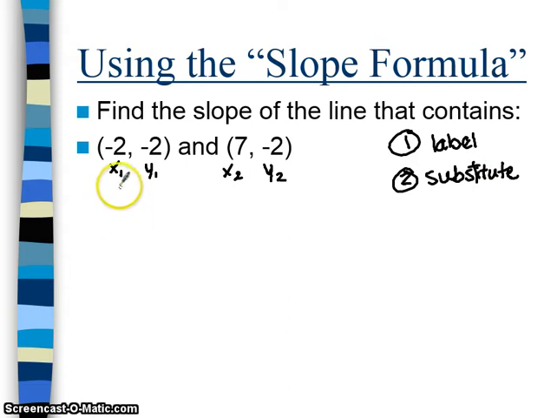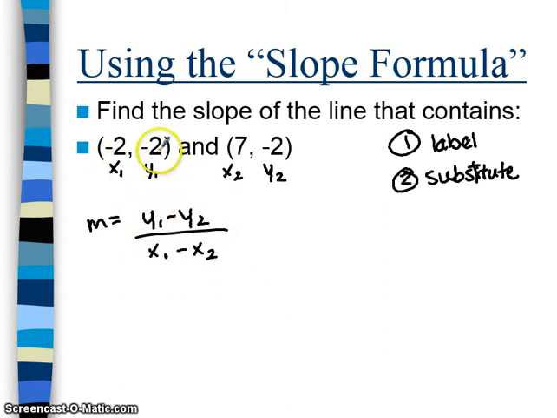Our slope formula says if we know 2 points, then slope is equal to y1 minus y2 over x1 minus x2. We know the value of all 4 of these variables, so we're going to substitute in. y1 is negative 2, so we're going to write negative 2 minus. Now y2 is negative 2, so we have negative 2.